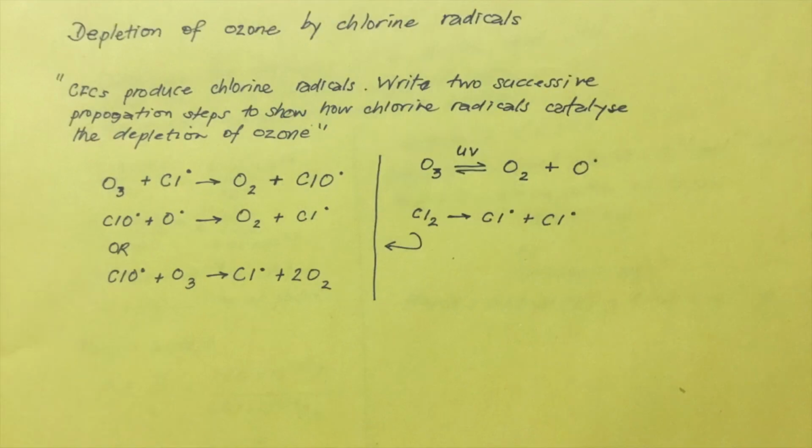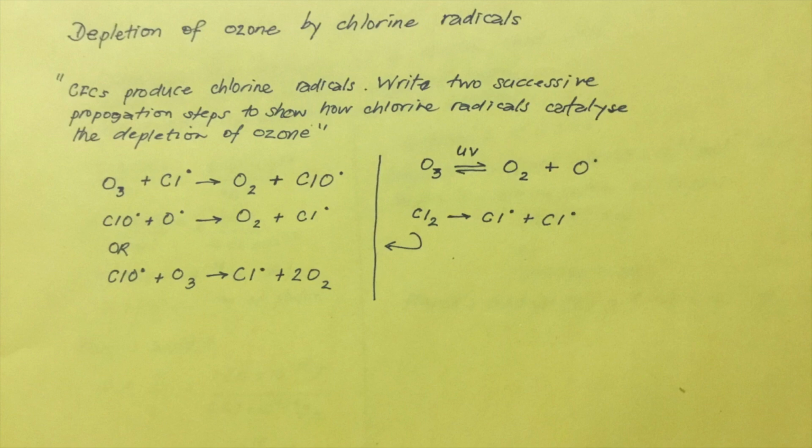And here you can see that students did find some difficulty with this particular topic, the depletion of ozone by chlorine-free radicals. Ozone is constantly being broken down or depleted in the stratosphere in the presence of ultraviolet radiation.